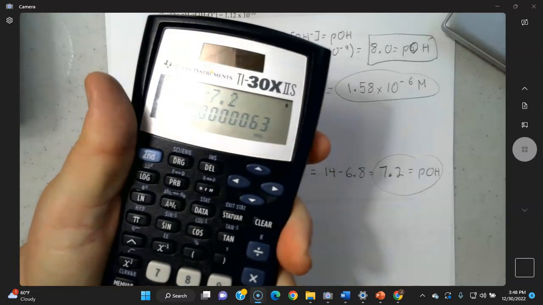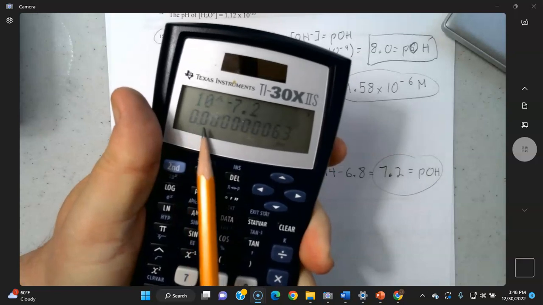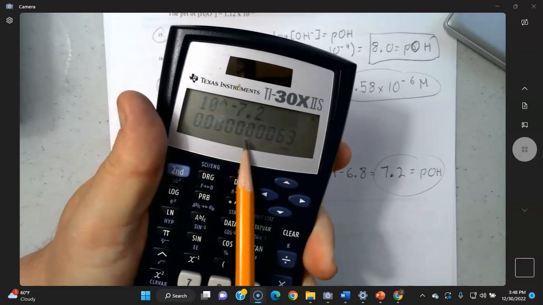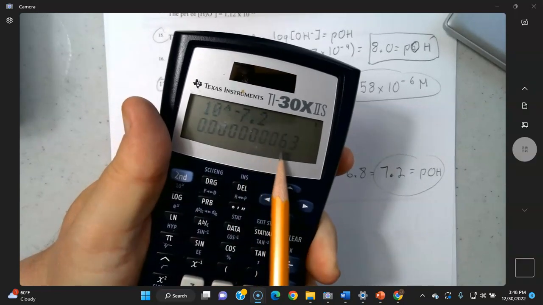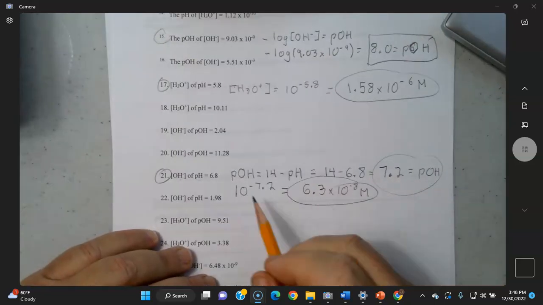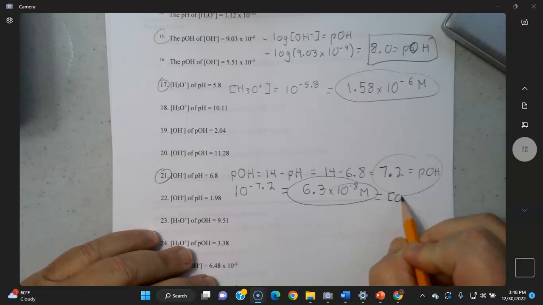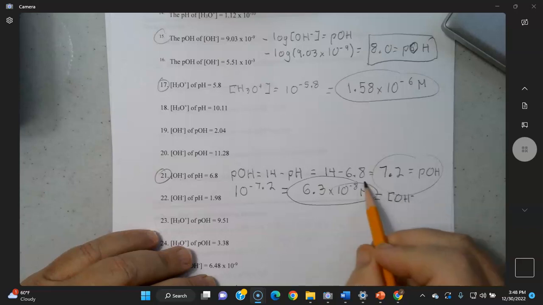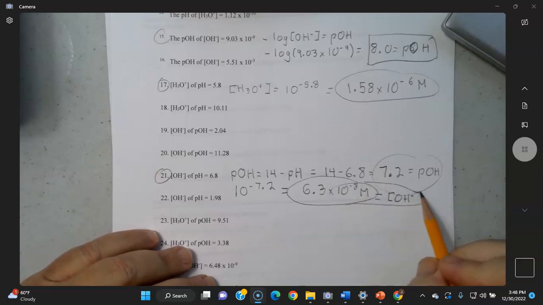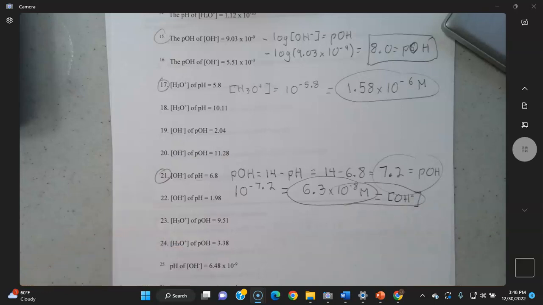And it gives us this number, so we're going to count together. 1, 2, 3, 4, 5, 6, 7, 8. And that is the OH concentration. This whole thing right there. That is the OH minus concentration, and that's that.